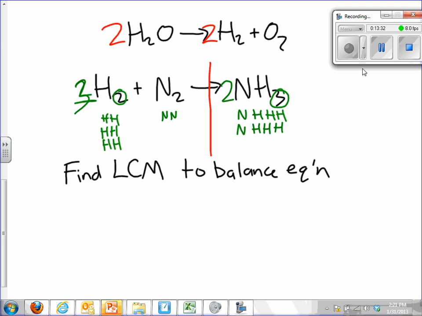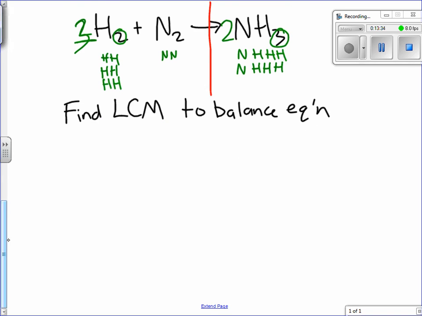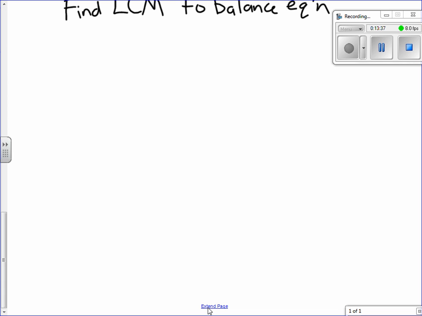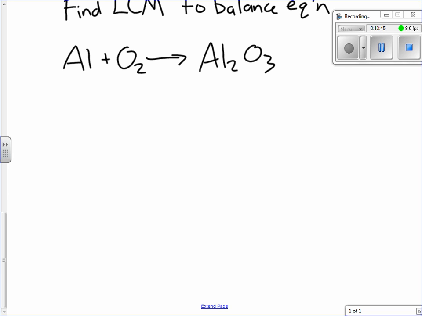So let's do a couple more examples. We have some aluminum, and it's going to react with oxygen to form aluminum oxide. So balance that one.